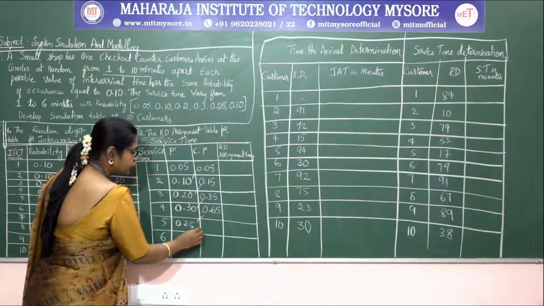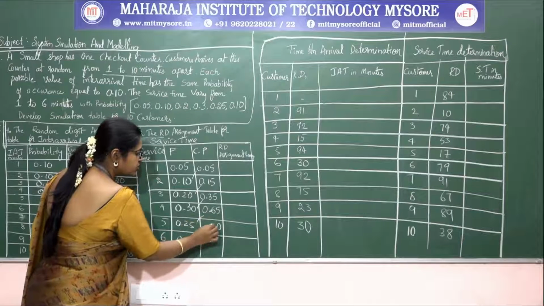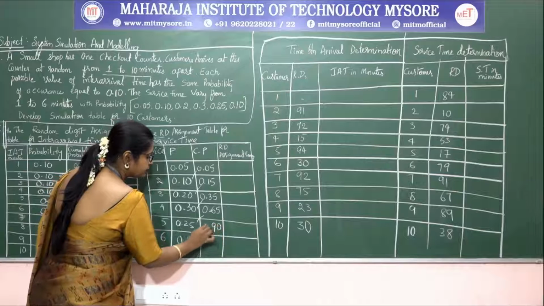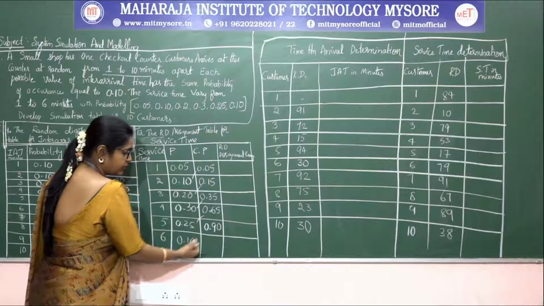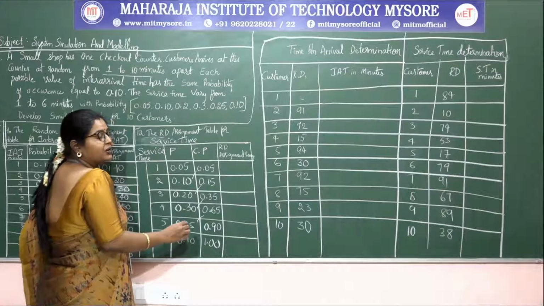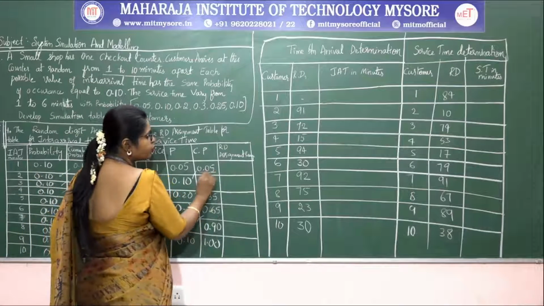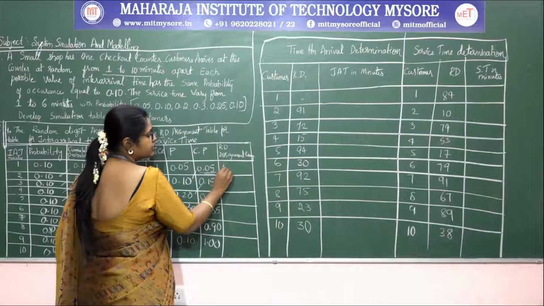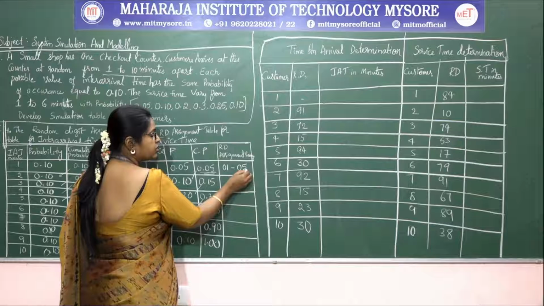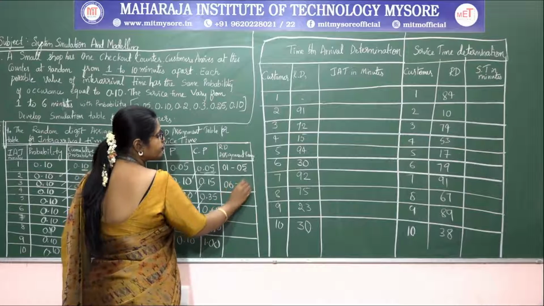Next, 0.65 plus 0.25 is 0.90. Then 0.90 plus 0.10 is 1.00. Its equivalent random digit assignment is: the first range is up to 5, that means 01 to 05, and the next number will be 6, so 6 to 15.